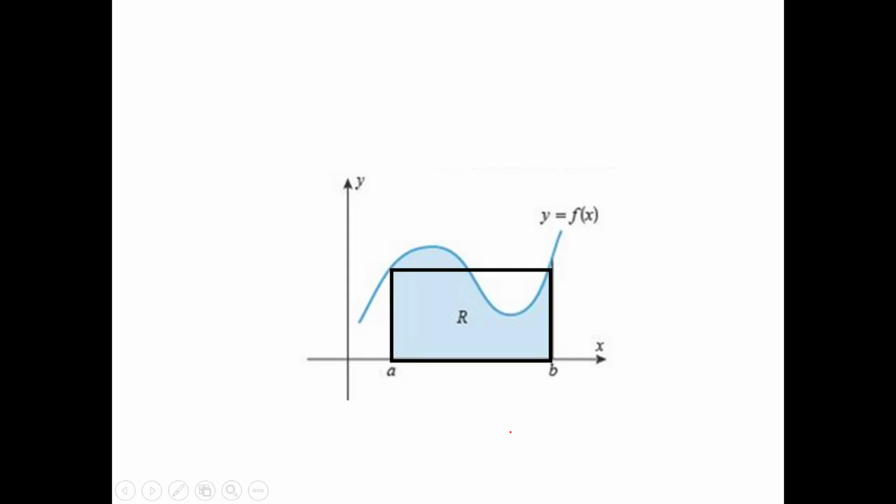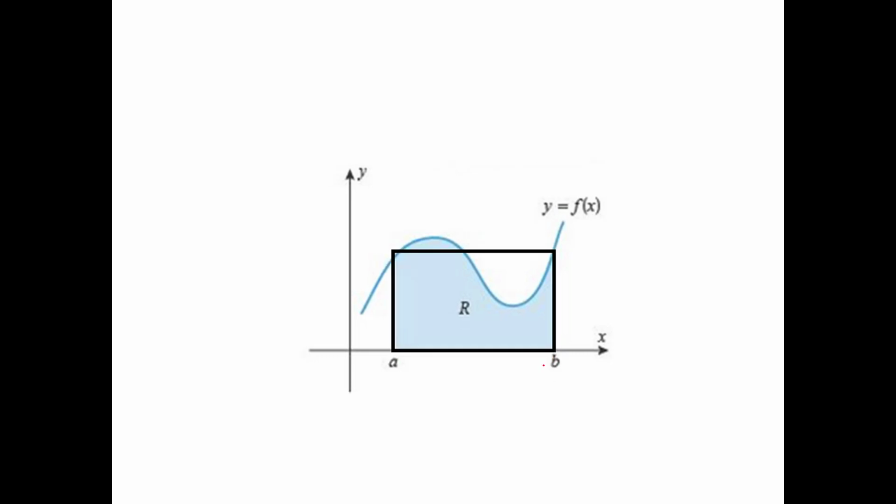Now, we could also use the left endpoint, right? So to get the height of our rectangle, we could take our left endpoint on the interval and go all the way up to the curve, and then go across, and then come down. Or we could use the right endpoint.